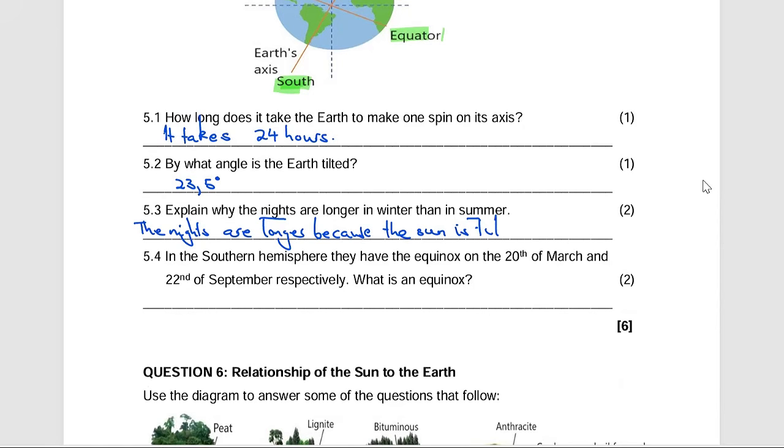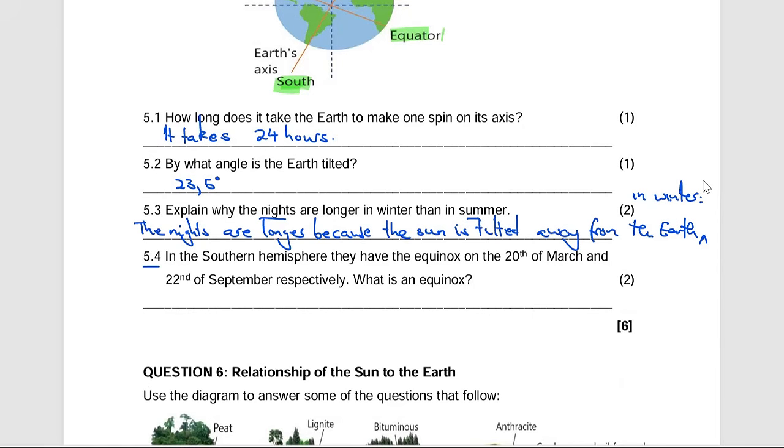I'm going to put it at the top there, in winter. Okay.